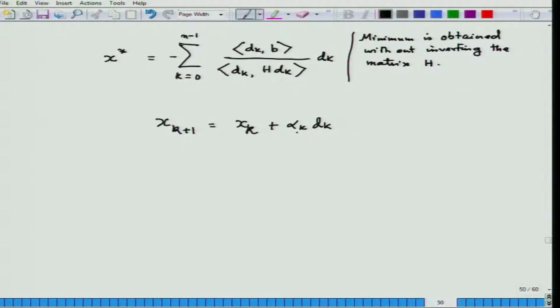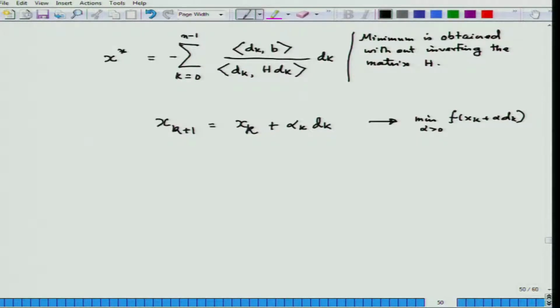Basically you minimize over alpha greater than 0 the function f of xk plus alpha dk, but you do not know that this dk is a descent direction, you know only that it is a conjugate direction. But this sequence in n steps, x naught, x1, x2, x3, x4 dot dot dot xn minus 1, will be the solution of the problem. So, this is a very good approach by which you can actually program to solve this particular type of problem, and very useful in the case of a large number of variables.